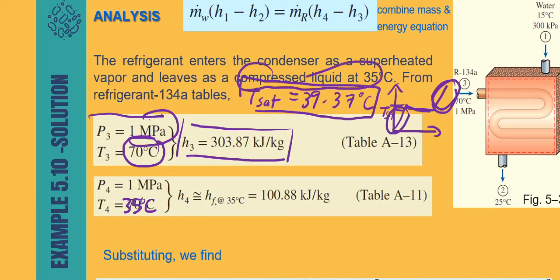So you need to refer to the value of hf, the enthalpy of a liquid, from table A11. Substituting all the values, you can find the mass flow rate of water, which is 29.1 kg per minute. Any question?